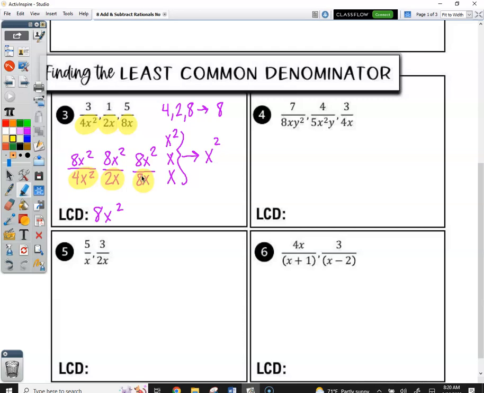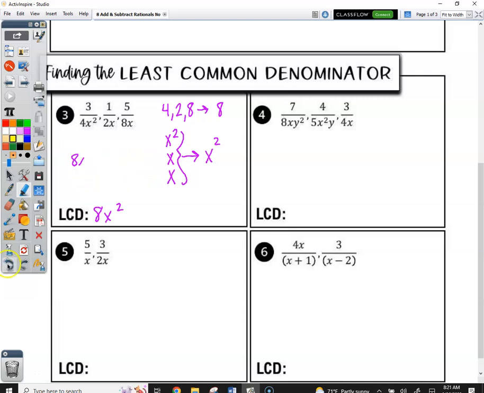The 4 would go into the 8, the x squared would disappear, 2 would go into 8, the x here would disappear, 8 goes into 8, the x here disappears. Does that make sense? If you do this and something doesn't divide up, then that's not the right LCD. Because the goal is you should have no more fractions. So the LCD here is 8x squared.